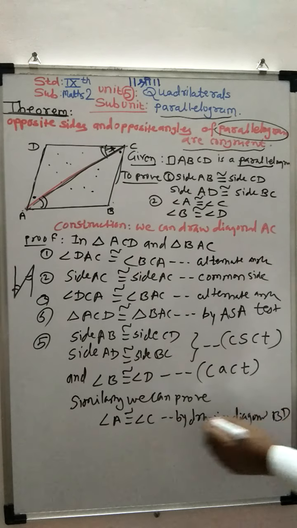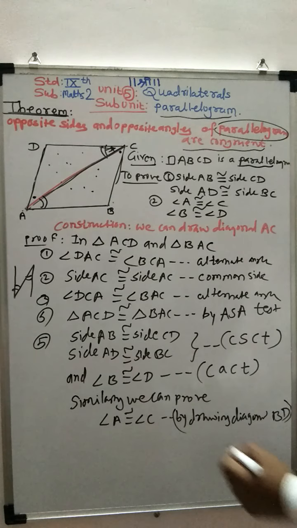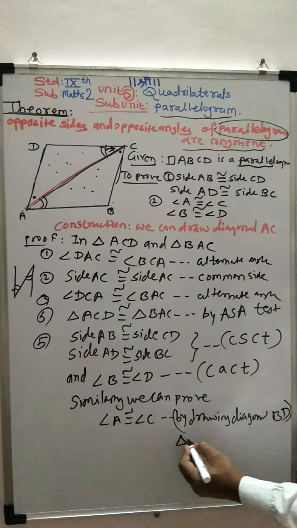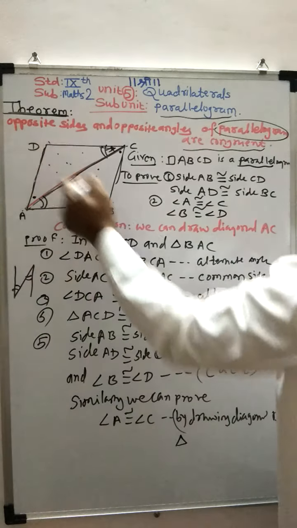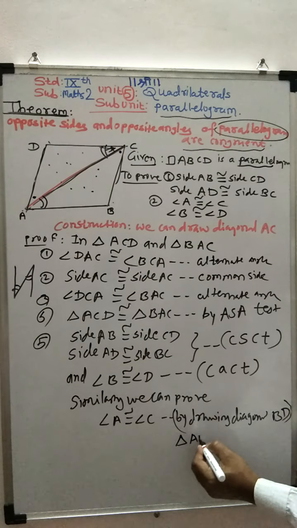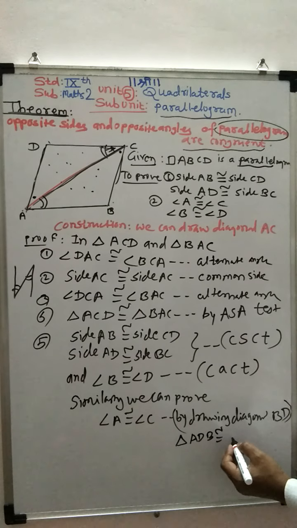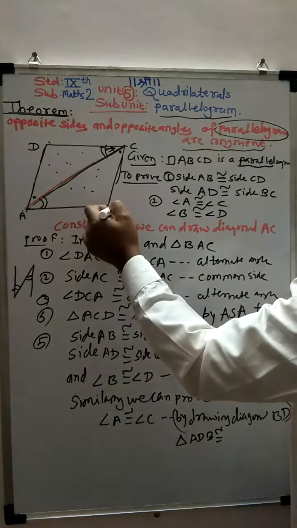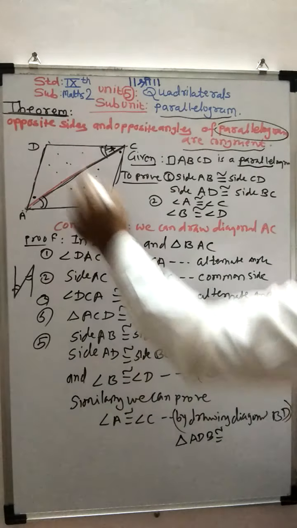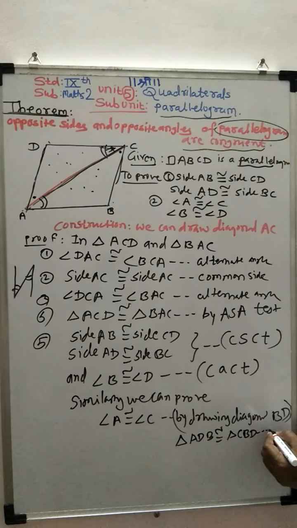Here you only have to write: drawing diagonal BD, triangle ADB congruent to triangle CBD, by ASA test.